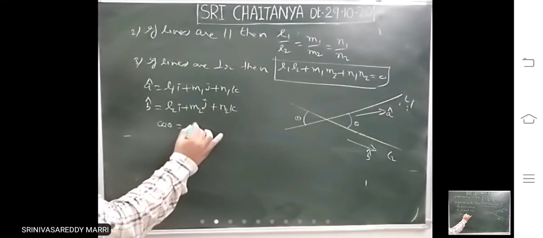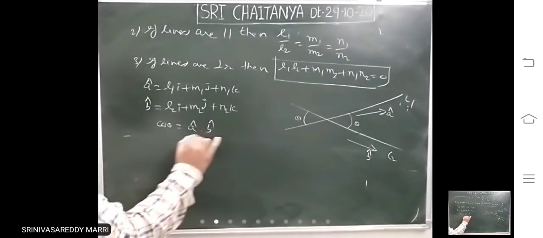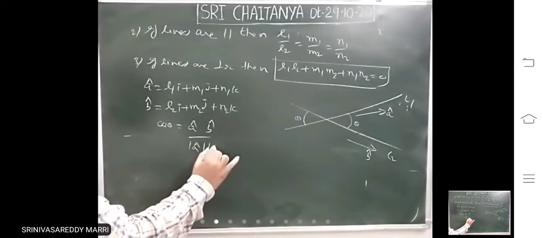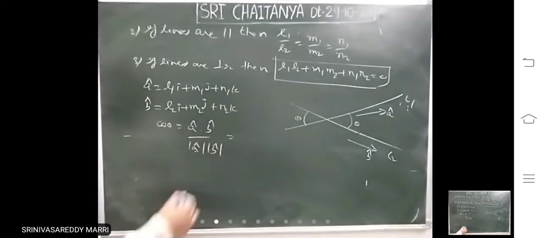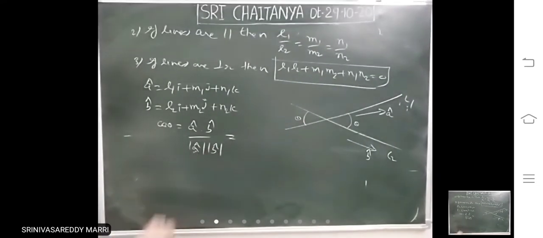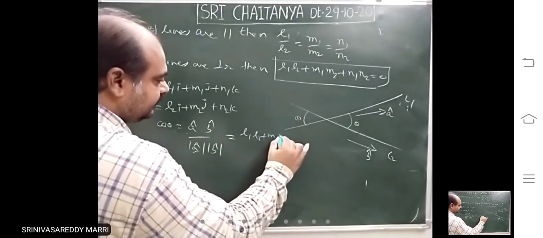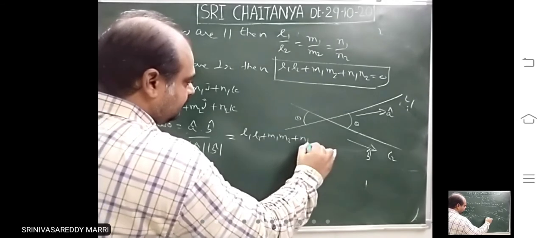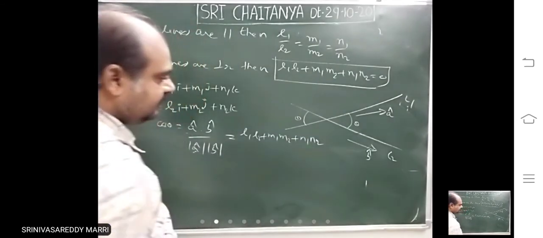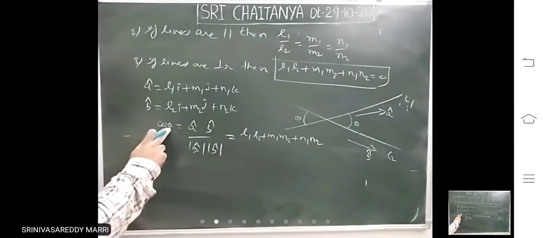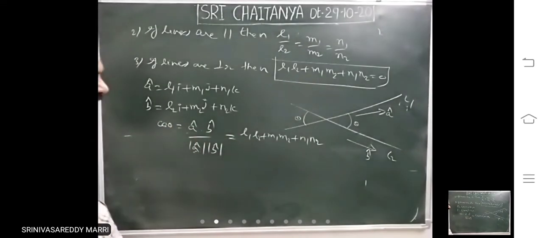So cos theta is A cap dot B cap divided by the denominator, which is 1 since they are unit vectors. Therefore, in the numerator you will get L1 L2 plus M1 M2 plus N1 N2. If you want to calculate the acute angle, you will write modulus here.